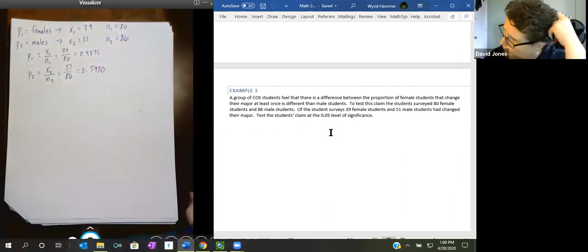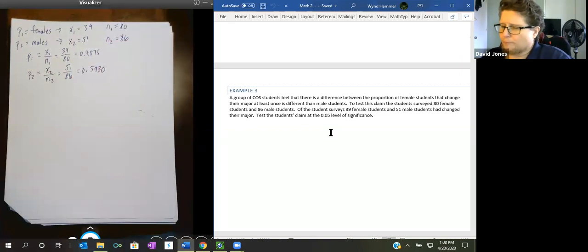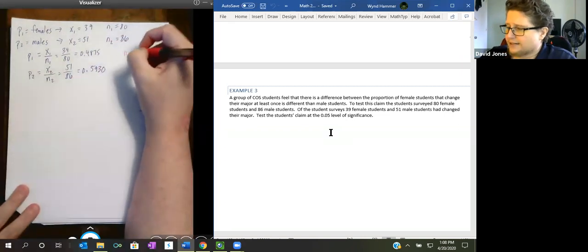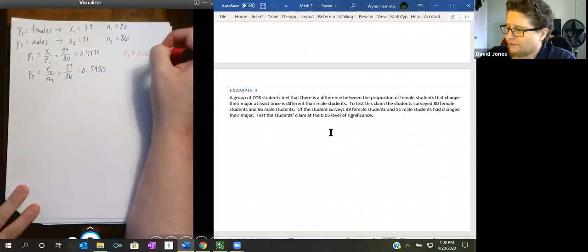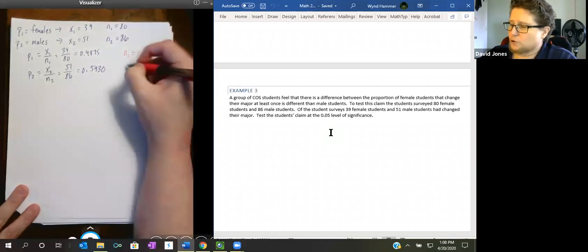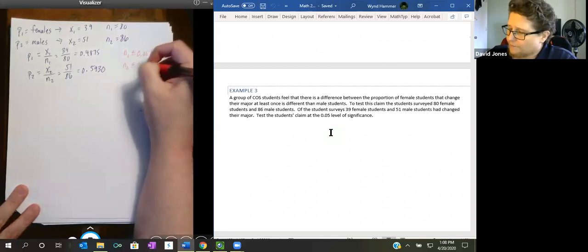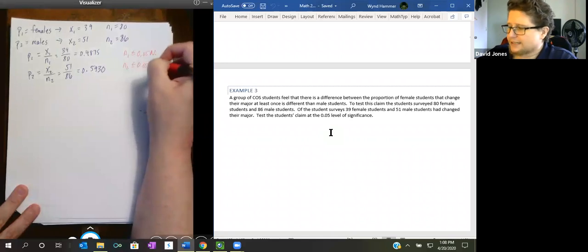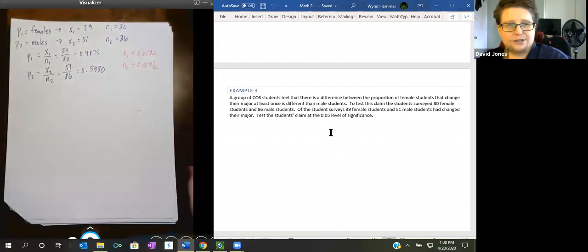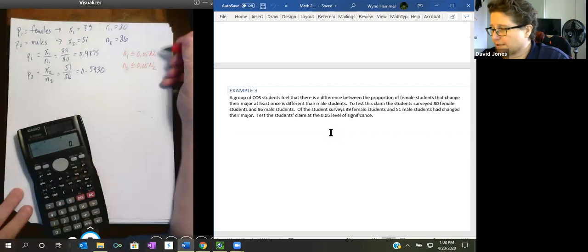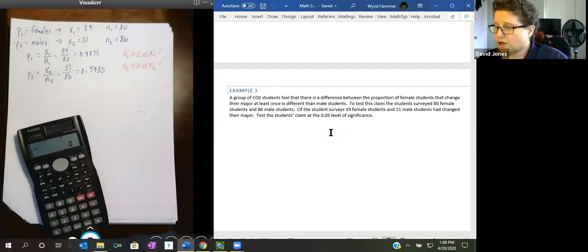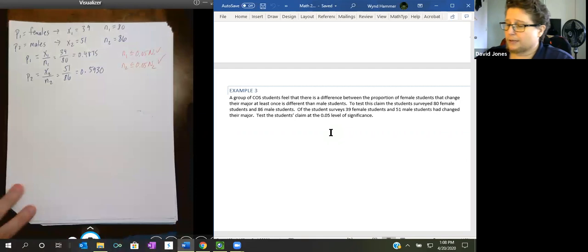Okay, so for both of them, N1 is definitely less than 5% of all the female students at the school. And N2 is definitely less than 5% of all the male students. That's confirmed. Let's check our N1 P1 times 1 minus P1.